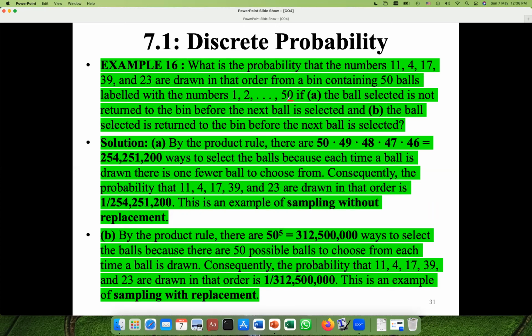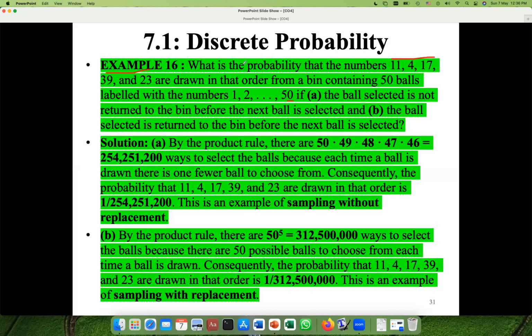So what is the probability that you will get the balls with these numbers?